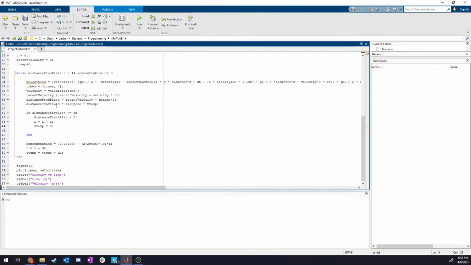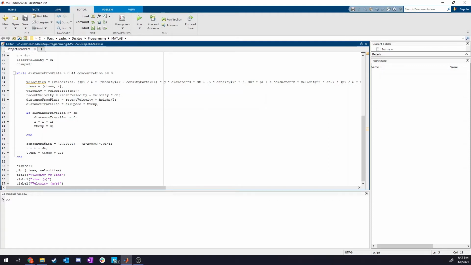We then found that if the distance traveled was greater than every delta x, we would increment I by 1. What this I did was change the concentration formula that we created. We found that the most simple way to solve for the concentration of particles above the plate would be to assume that they would decrease linearly as the particles crossed.